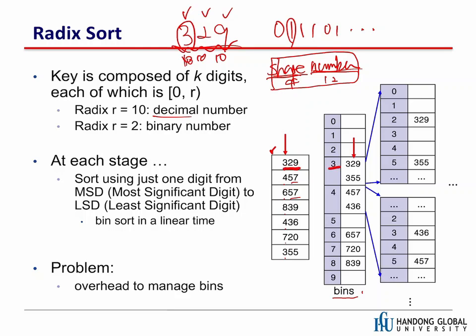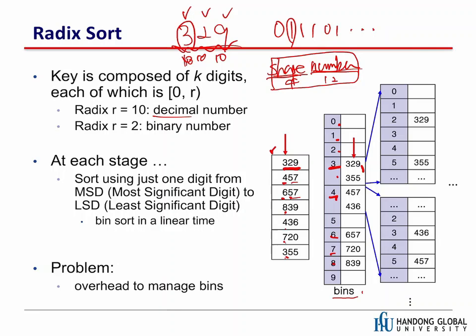So this one is 3, so we put this key into this bin. Then this one goes to this bin, this one goes to this one, here and here and here. So this bin has 2 keys and this bin has 2 keys, and this one has 0 keys.